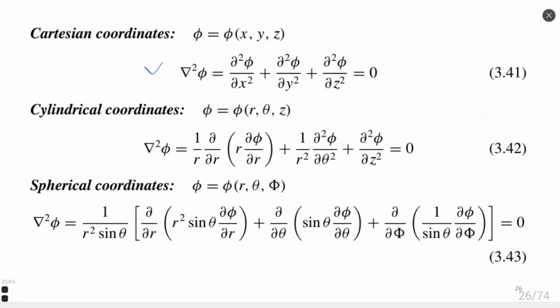And spherical coordinates we use when we have some body close to spherical shape. Okay. It can be purely a sphere or an ellipsoid in different shapes. We will see in the chapter on three-dimensional flows.